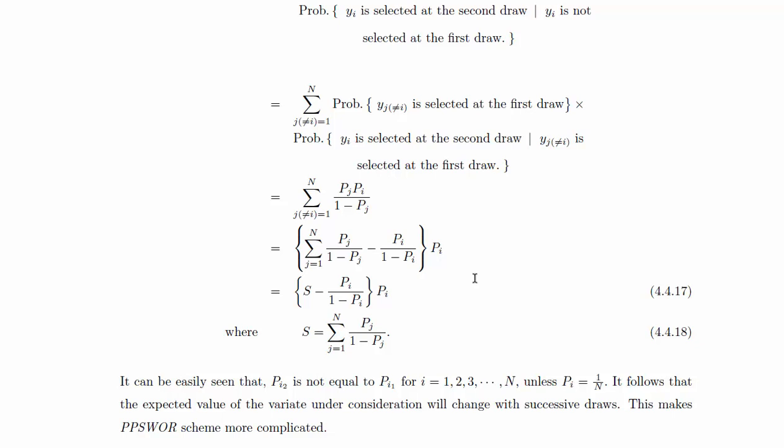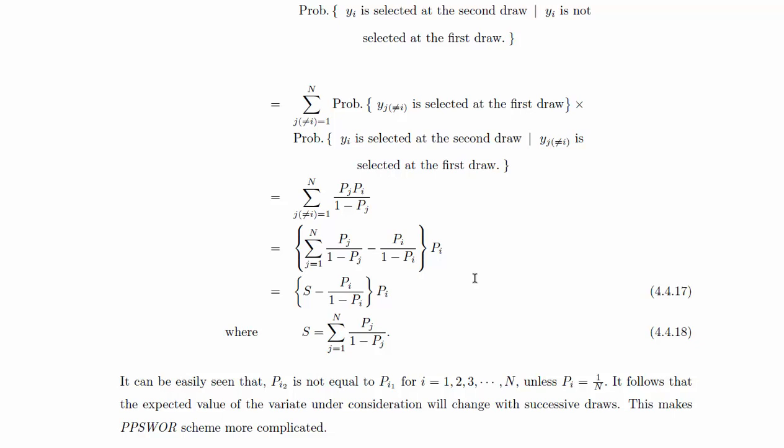So this sum, over j not equal to i, j equal to 1 to n, of Pi Pj by 1 minus Pj. Here we are adding all the terms except the ith term, so we consider j equal to 1 to n, all the terms minus the ith term. We denote the sum of all the terms by S. So Pi2 is S minus Pi by 1 minus Pi, into Pi.